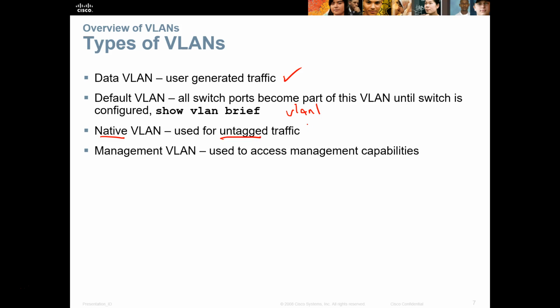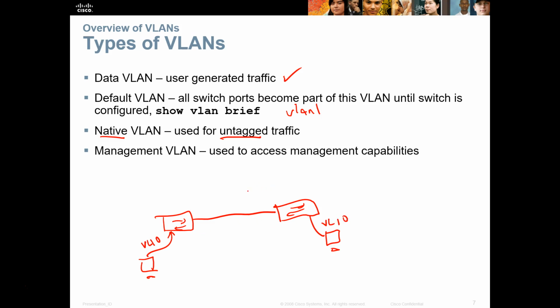We haven't discussed what tagged or untagged traffic is yet, but the concept is, if you have a port on VLAN, and say this is on VLAN 10, you have a device, and it enters the switch, and it has to traverse a link to get to another switch, and it also might have devices on VLAN 10, let's say. This trunk, the whole purpose of a trunk is to carry traffic for multiple VLANs.